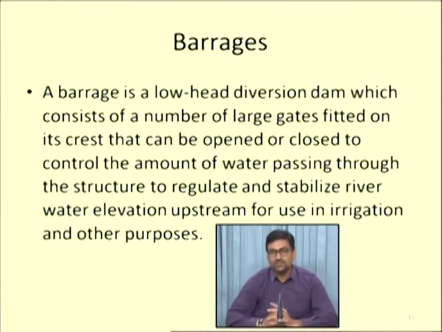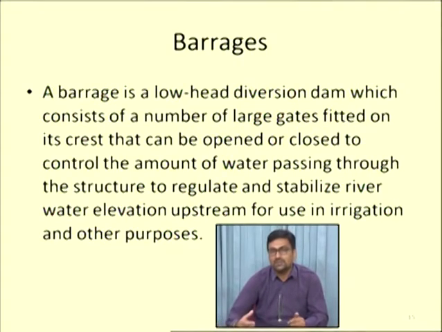That depends upon the condition. In case of, say, monsoon heavy flows or floods, we need to allow water to go downstream as quickly as possible. So in that case we open the gates slowly and allow the water to pass to the downstream side.